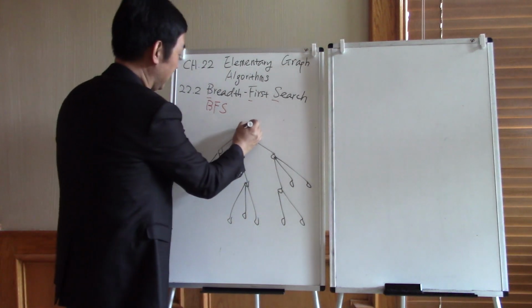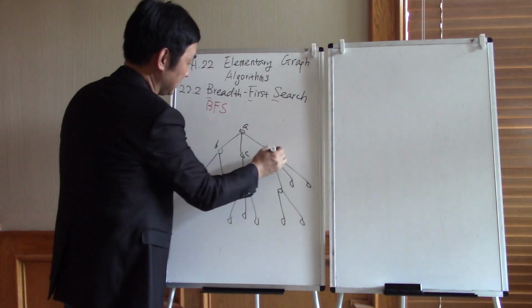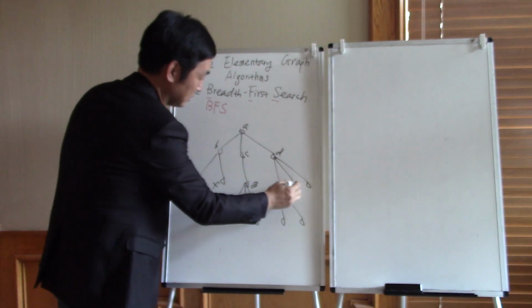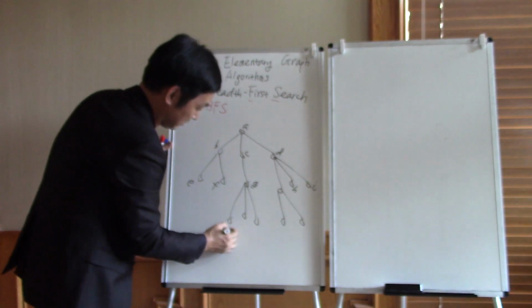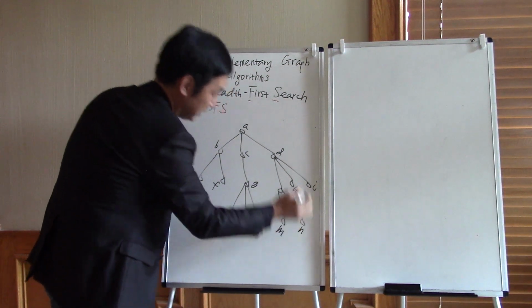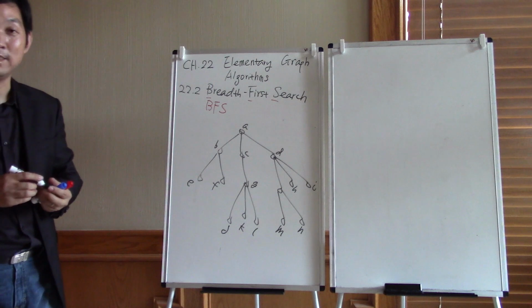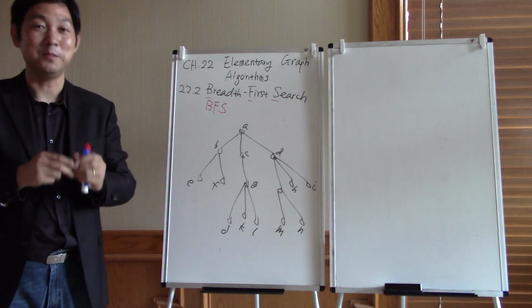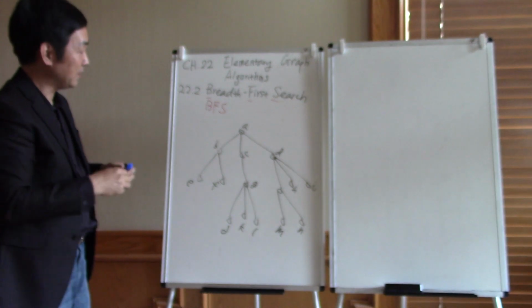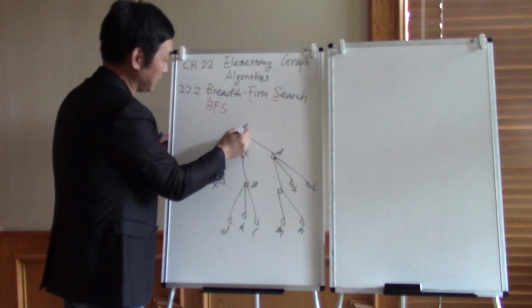Let's say this node is A, node B, node C, node D, so E, F, G, H, I, J, K, L, M, and N. So this is the graph we have. And then what kind of graph is this? Right, it's a tree. Okay, so let's say that we are going to run BFS on this tree, and we start with the root node, A.